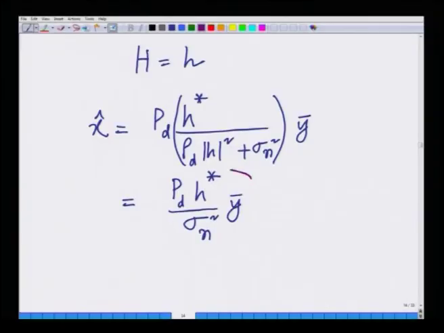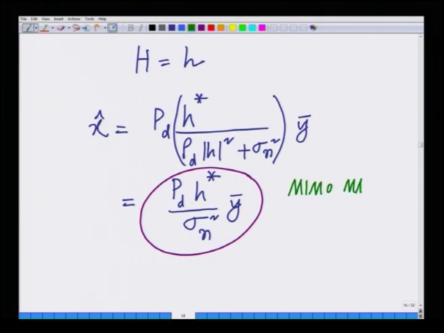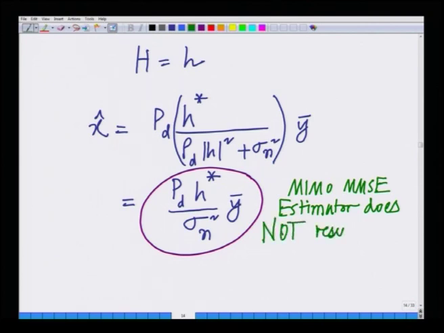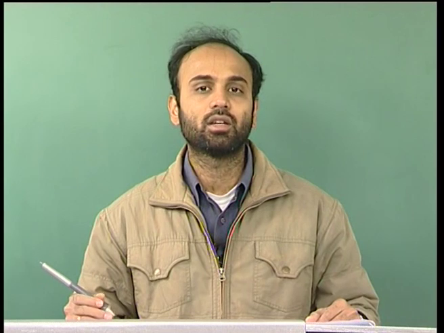So by this simple example for the SISO case, we can show that the MIMO MMSE estimator does not result in noise enhancement, thus it is superior compared to the zero forcing receiver.